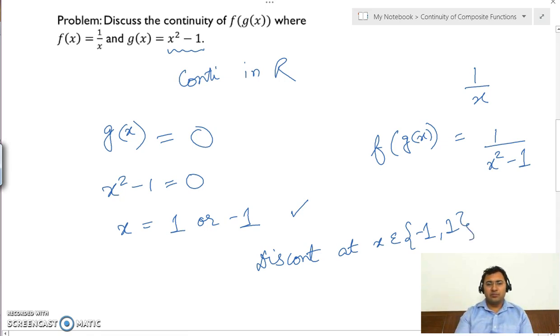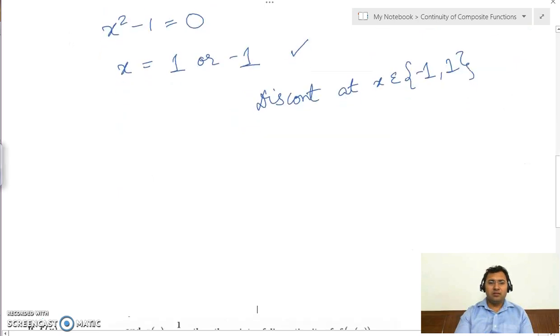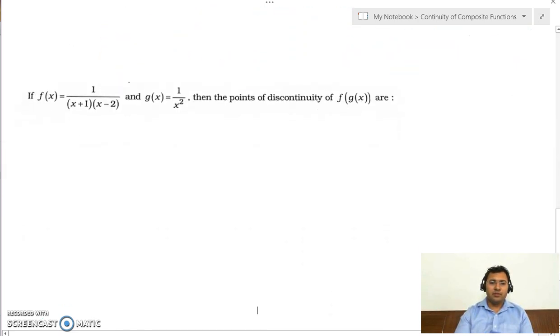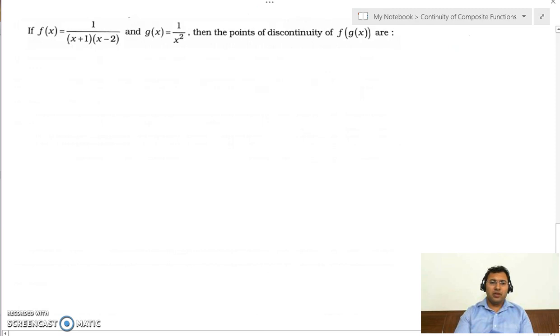Let's try to understand this better with a next example. So here f(x) is 1 upon (x plus 1)(x minus 2) and the same g(x) is the input function. g(x) is 1 by x squared. So first of all, check if this function can be undefined or discontinuous at any point. Yes, this is undefined at x equal to 0. So we will check continuity at x equal to 0 and at what other values?